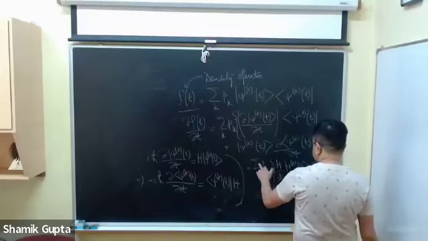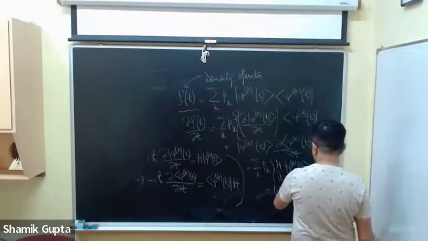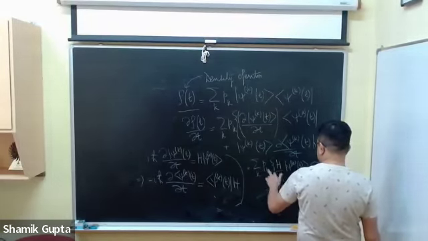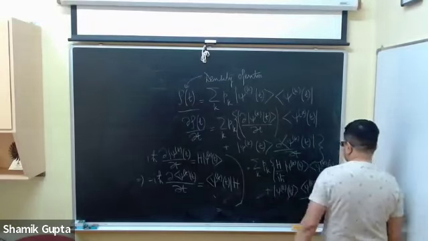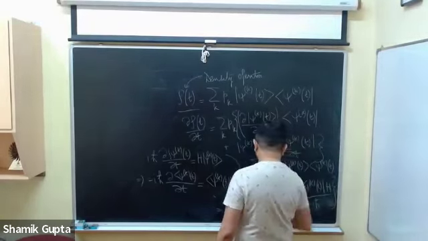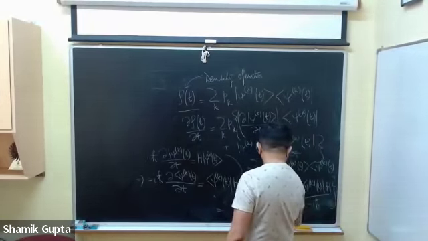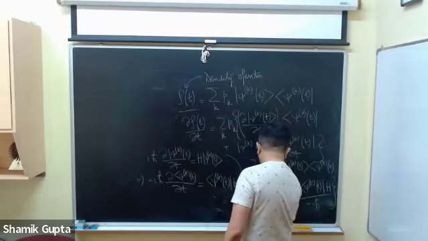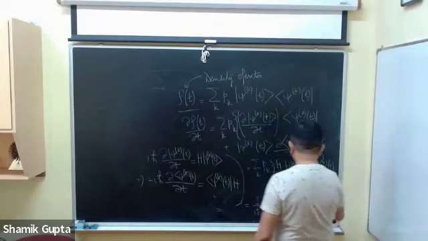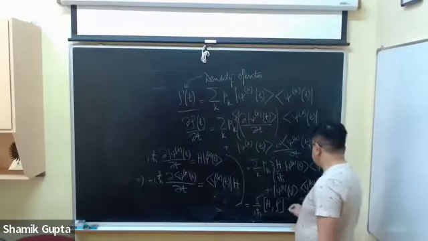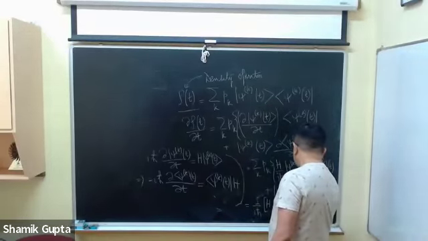But summation over k of pk psi k t psi k t is rho, and similarly here, that is also rho. So if I combine these two, with a minus sign, what I get is 1 divided by i h bar of the commutator of H with rho, which I can write as minus i by h bar of H rho.